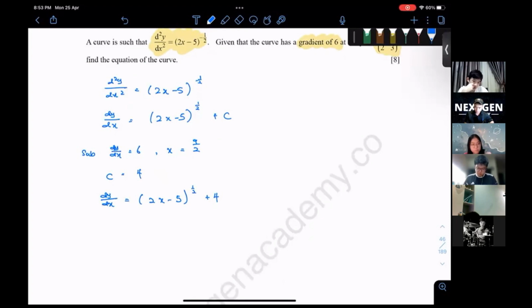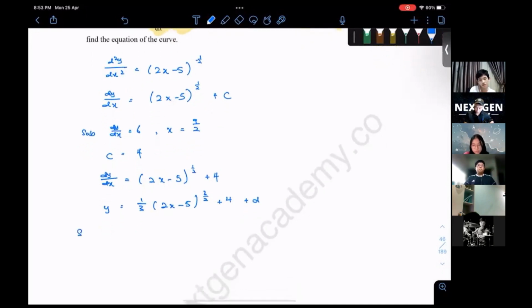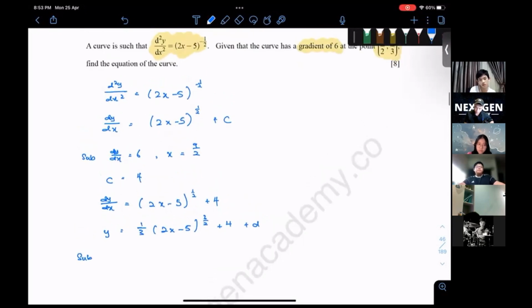Then after that, we go up again, integrate once more, and you all will get 1/3 (2x − 5)^(3/2) plus 4x plus d. I use d over here because I want to differentiate between c and d. Over here, you substitute your x and your y.